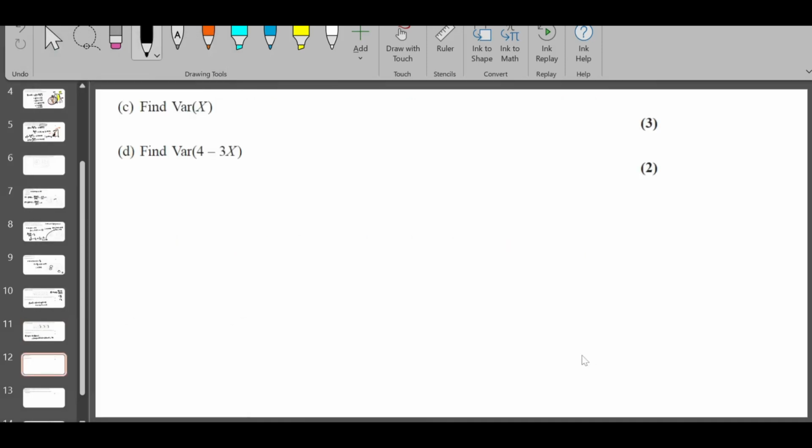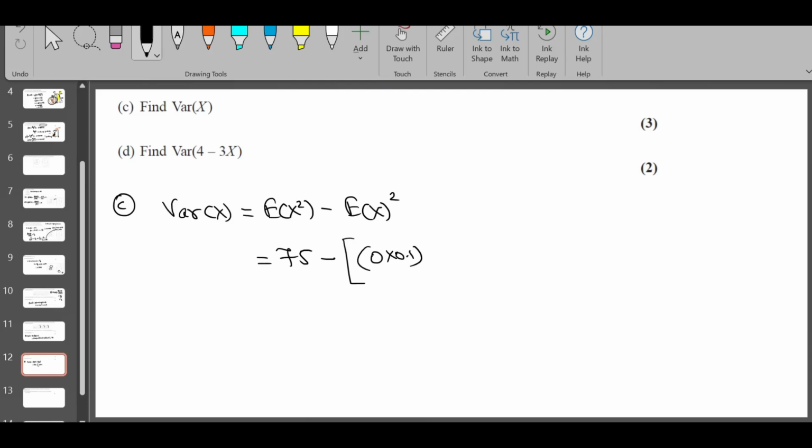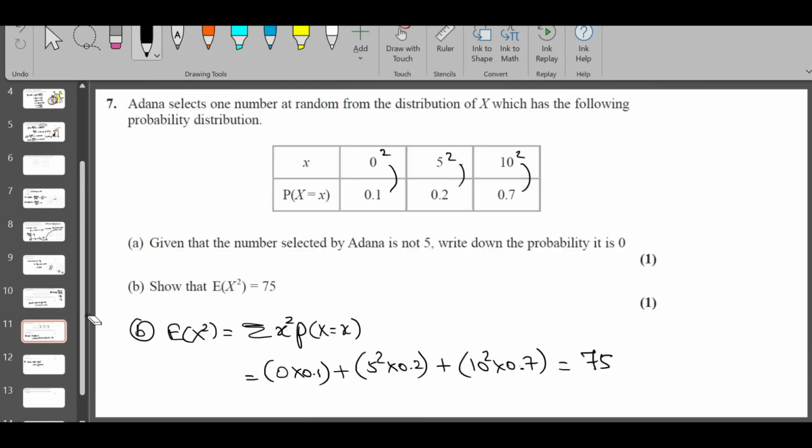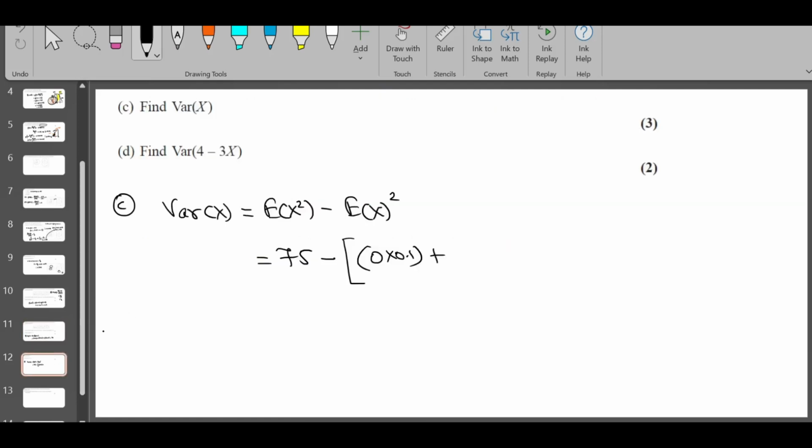Part C, find variance of X. The formula to find variance of X is E of X squared minus E of X whole squared. We know E of X squared is 75 minus E of X squared. E of X is, you need to take X and multiply by the probability. 5 times 0.2, 10 times 0.7.